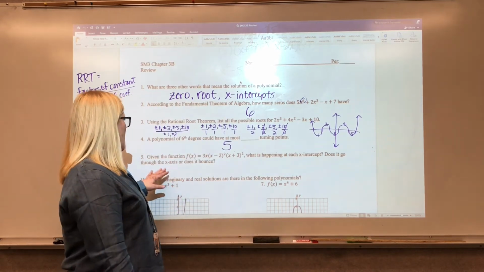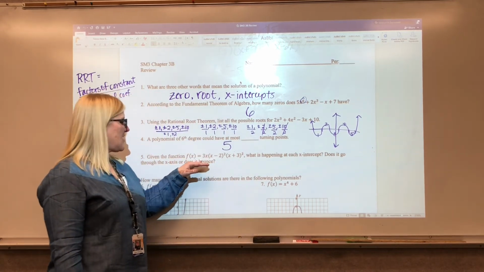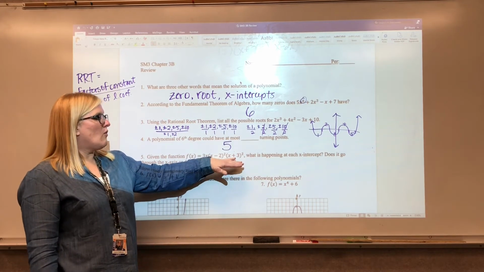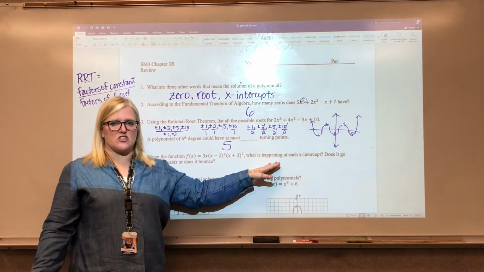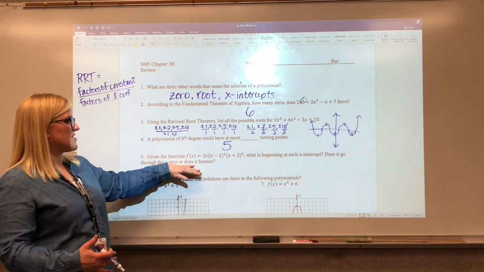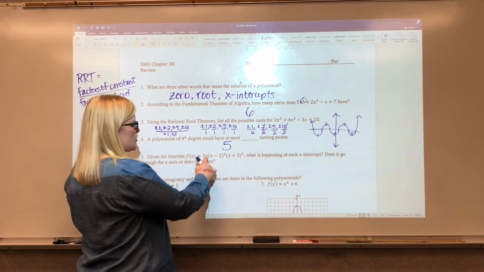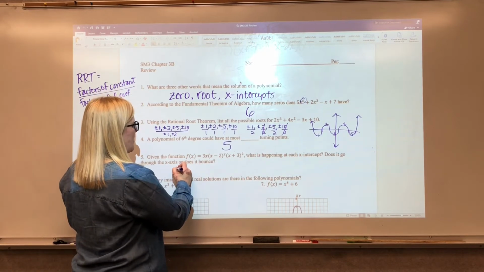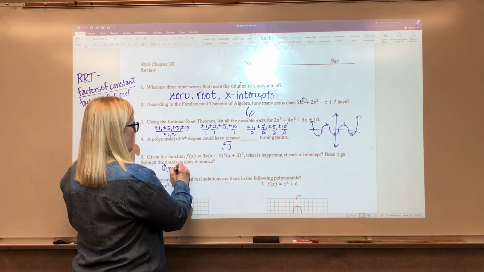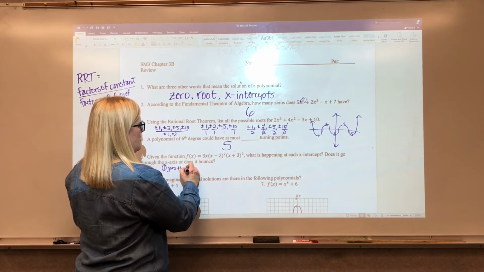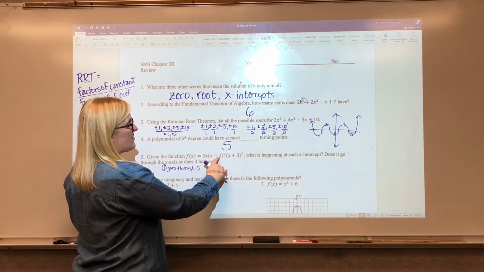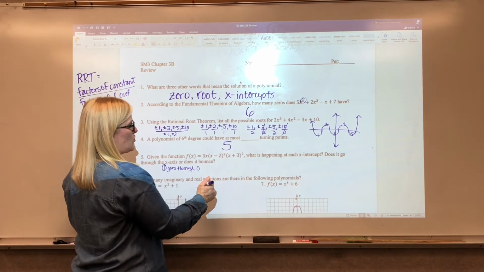Okay? Given the function f of x equals 3x times x, anyway, this function right here, what is happening at each x-intercept? And what I meant by that is, does it go through the x-axis or does it bounce? Well, this first one, we have one that goes through 0, right? That one's right here. This one has 2.